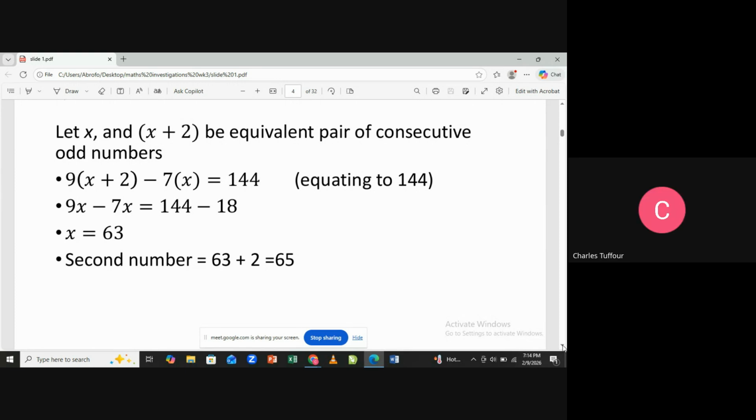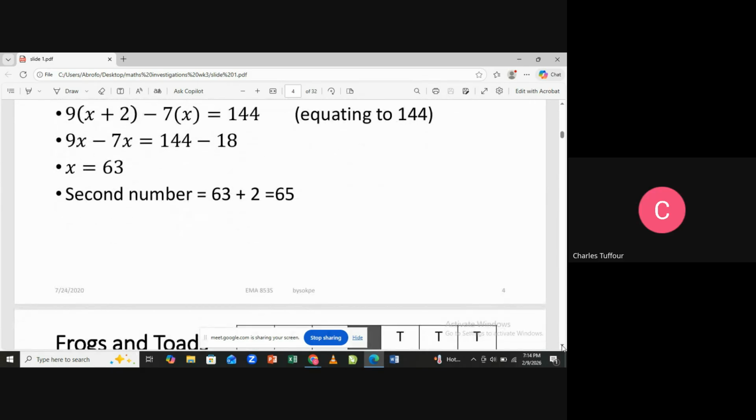So subtract 441 from 585. 144. That is mathematics. So we have looked back and saw that the mathematics works.